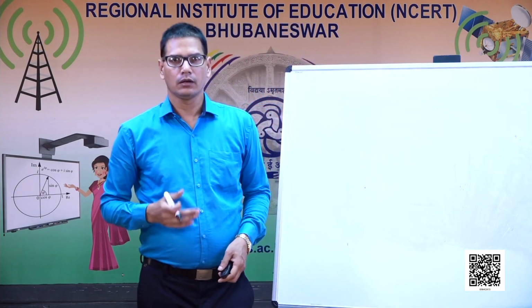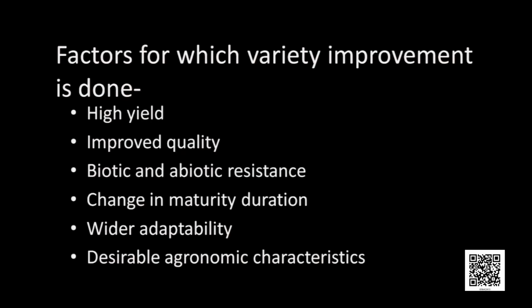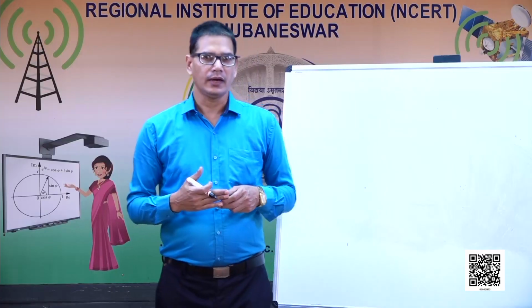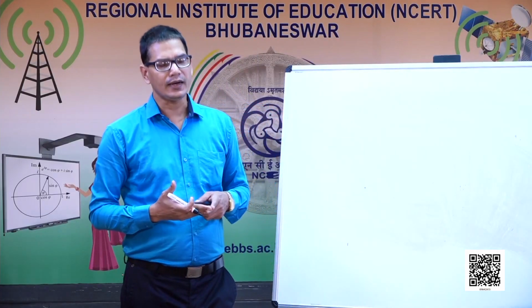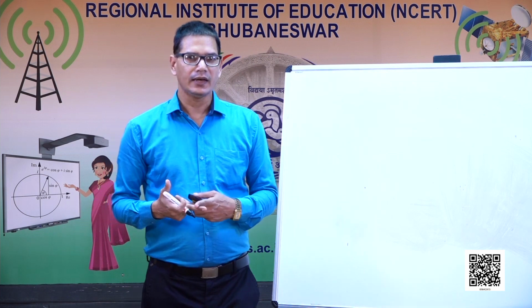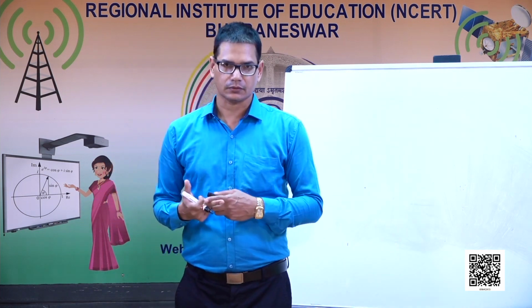Next, wider adaptability. What is this adaptation? That means we select that desirable quality of plants that can grow in different climatic conditions at different places. It can grow in hilly areas, it can grow in plains, it can grow in desert areas.